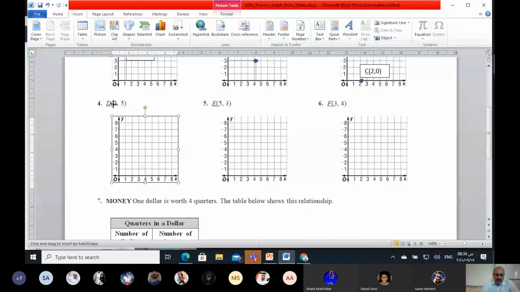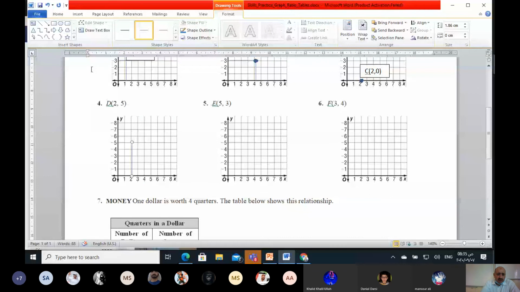So go to the 2 in x and draw a line up to the 5 in y. Then go to the 5 in the y and draw a line to the 2. So the point will be here.